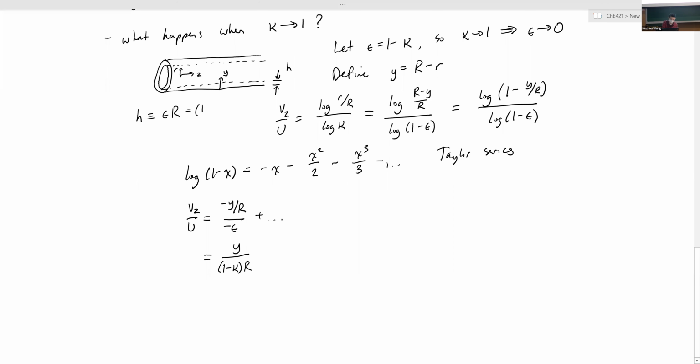Or 1 minus kappa times R, right? Just geometrically, that works out. And so this is just y over h. Okay.